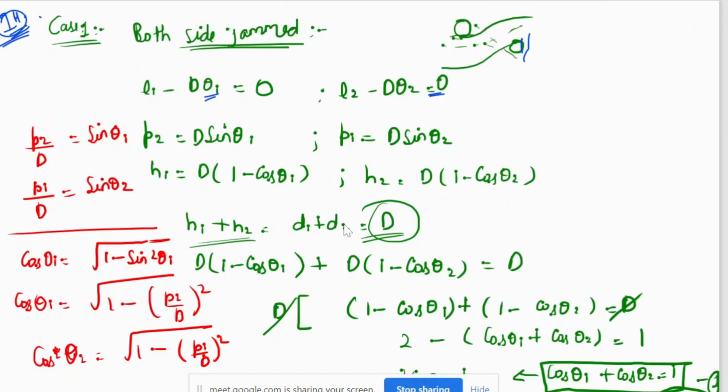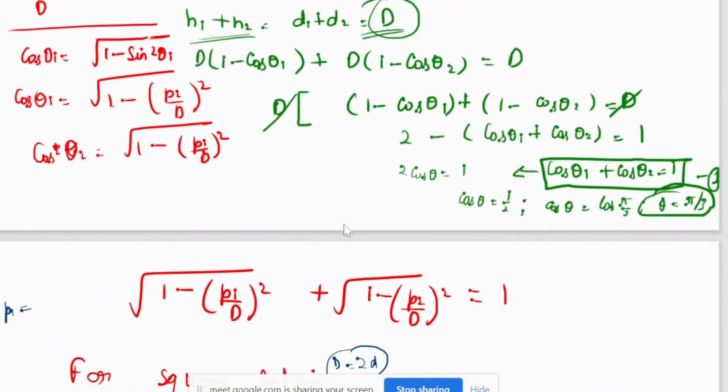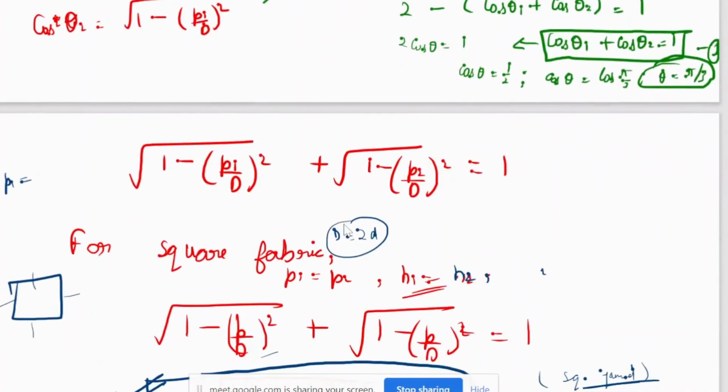But for this you have to remember, this is all the derivation that I have discussed, how these things are formed. All the equations will remain the same, but for revision, you have to remember that 2 under root 1 minus (p by d) whole square is equal to 1. And this you have to remember for both side jammed.